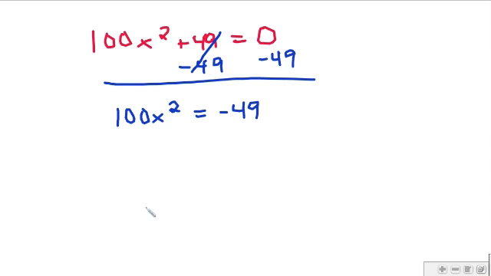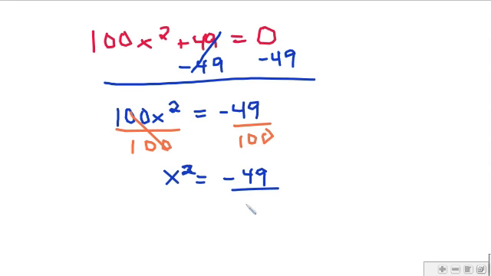I want to get that x squared by itself, so I'm going to divide by 100. And this cancels. And now I have x squared equals negative 49 over 100.